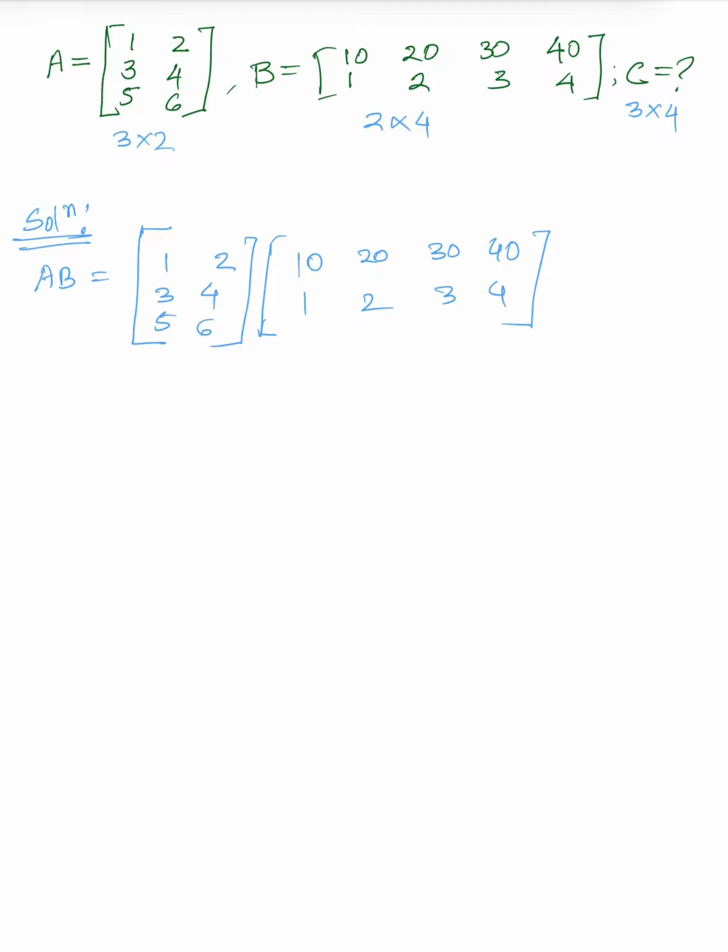Since this is our B matrix, we're going to turn the rows into single elements. This is the first step. So we keep the A matrix as it is, and then we convert B into basically one matrix. Say this is R1, and this is R2.